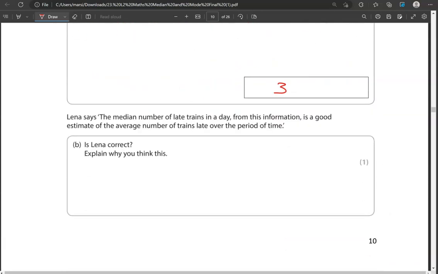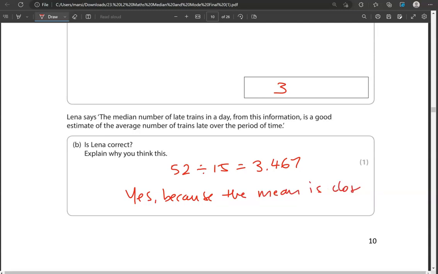So 52 divided by 15 gives us 3.467, rounded to 3 decimal places. So we can say that yes, because the mean is close to 3.